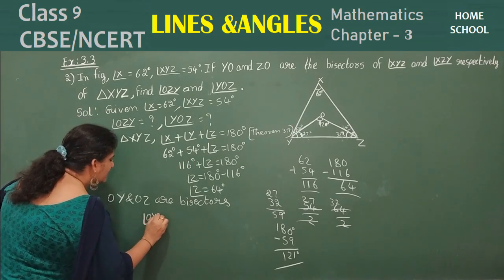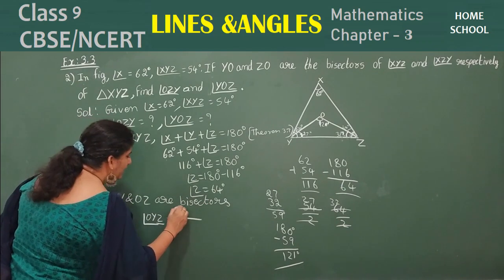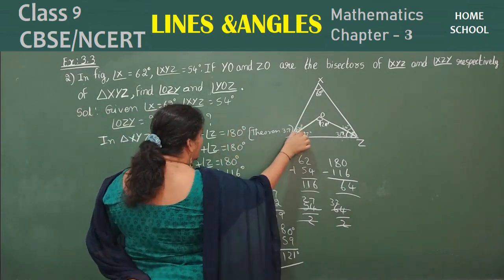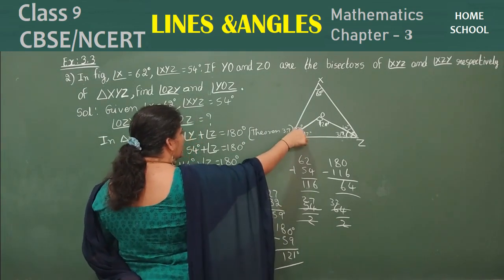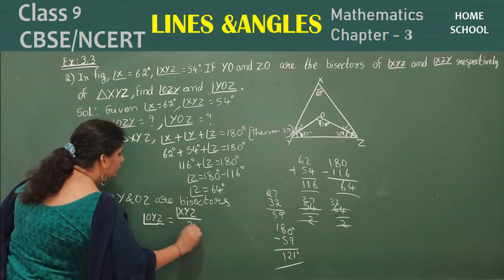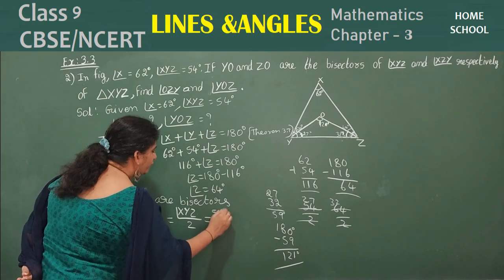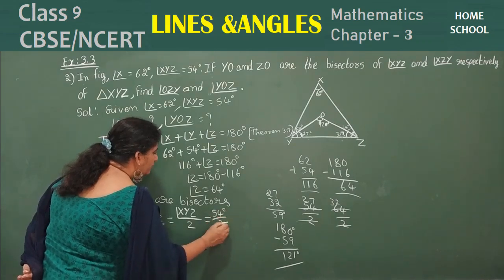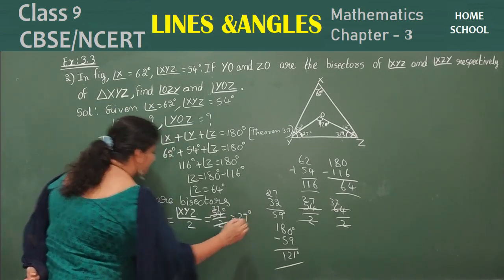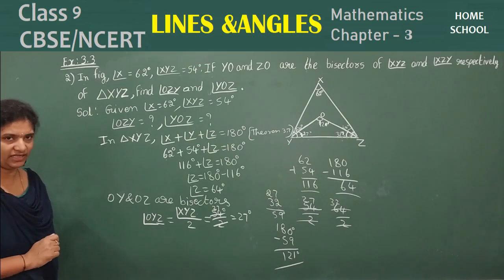Angle OYZ is equal to the complete angle you write there. Complete angle means from here to here, that's all. Don't take the full angle. Angle XYZ by 2. What is angle XYZ? It is 54 degrees by 2. That will be 27 degrees. Your answer: angle OYZ is equal to 27 degrees.